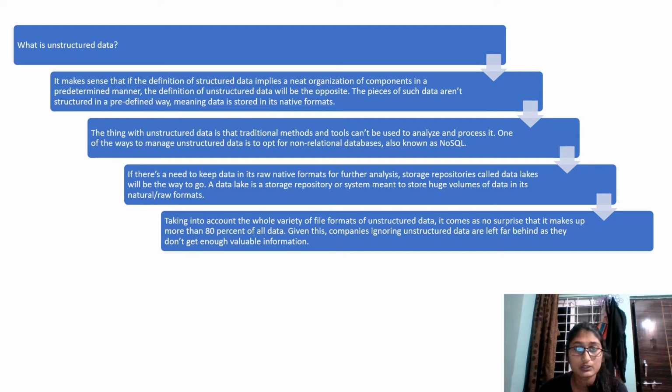A data lake is a storage repository or system meant to store a huge volume of data in its natural raw format, taking into account the whole variety of file formats of unstructured data. It comes as no surprise that it makes up more than 80% of all data, so companies ignoring unstructured data are left far behind as they don't get enough valuable information.